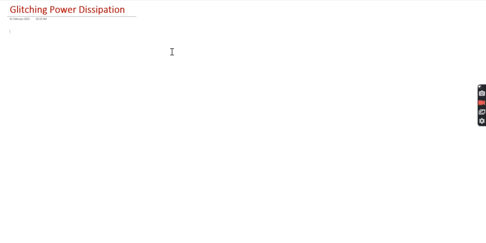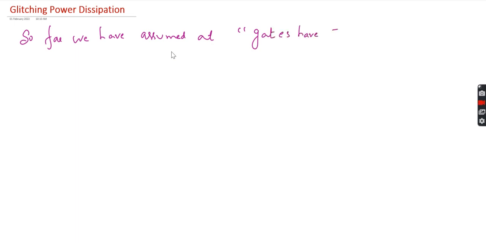Next, let us talk about the glitching power dissipation. This is one more dynamic power dissipation. Now, in the power calculations so far, we have assumed that gates have zero delay.